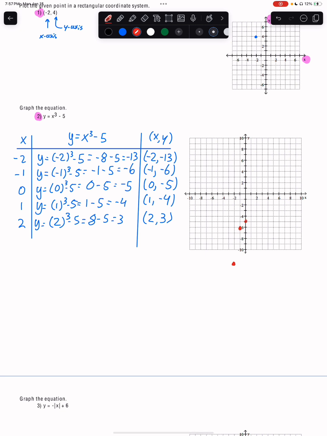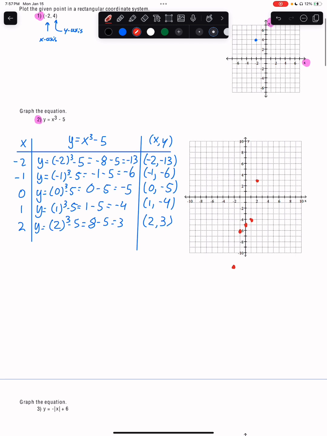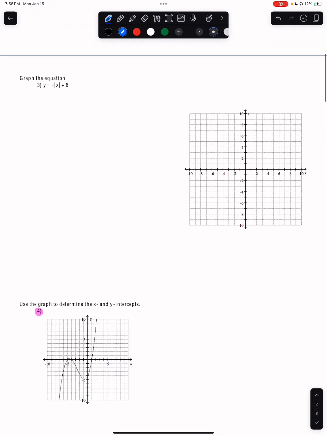We have 0, -5, 1, -4, and 2, +3. Next step would just be to sketch this. Make sure it hits all the points. Then we'll draw an arrow showing that it's going out into infinity. So that's what your graph would look like, and that would be how you graph it.